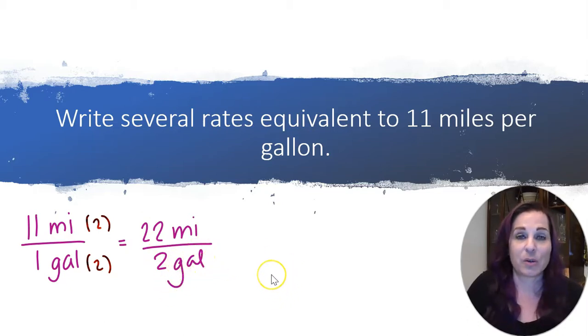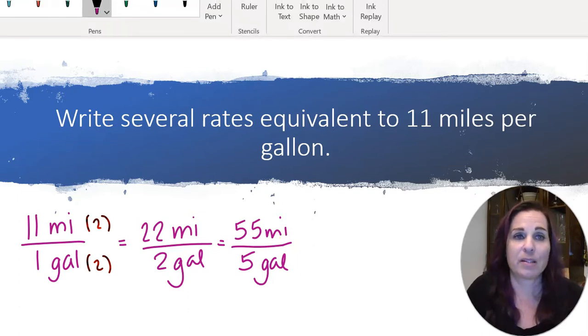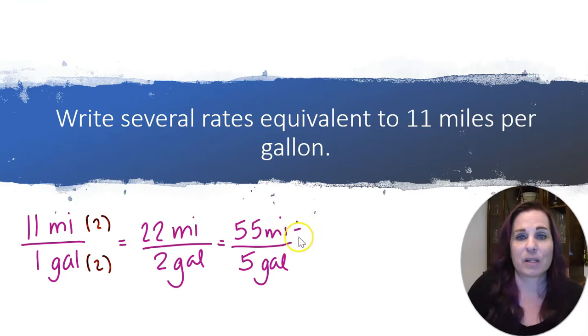Now you can also go the other way. So if, let's say, I multiply the top and bottom by 5, and I get 55 miles per 5 gallons, I can also divide the top and bottom by the same number. In this case, I'll make it 11. I'm sorry, I'll make it 5.